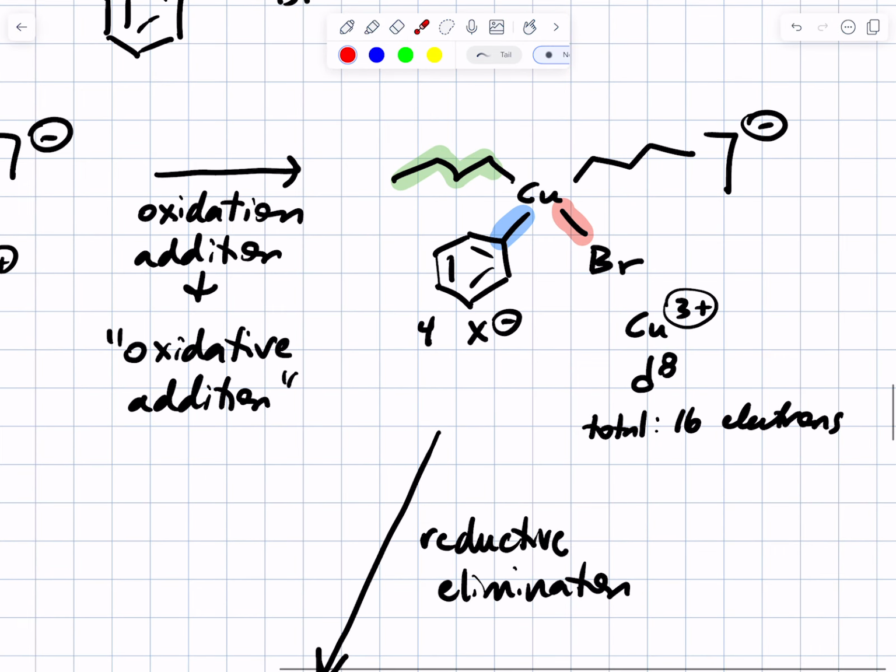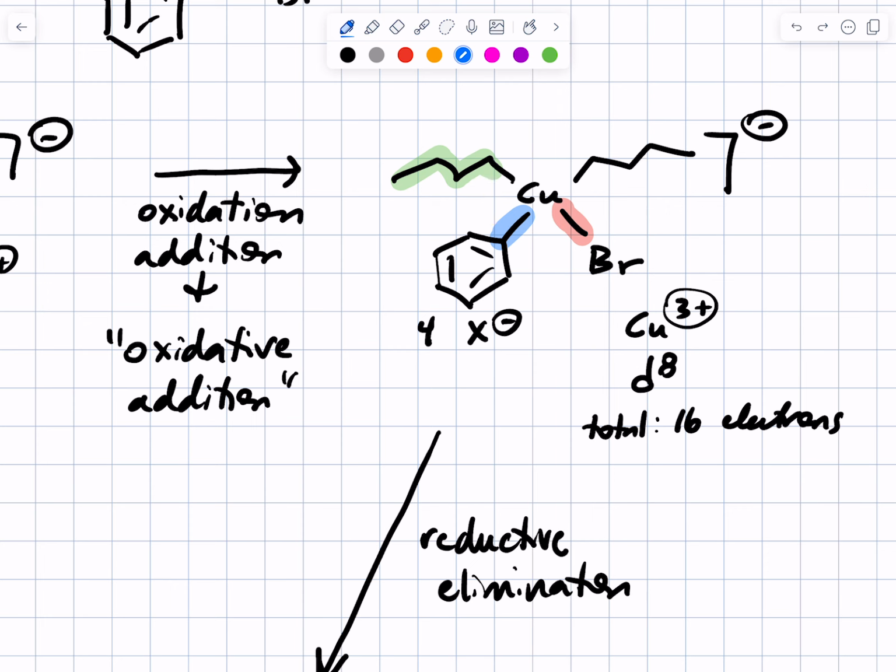And you can choose to push arrows if you want. You can choose to push arrows like this to form the new carbon-carbon bond, and then these electrons go back on the metal. You could draw them totally in the other direction, this way and this way. There's no way to tell the difference between the two.